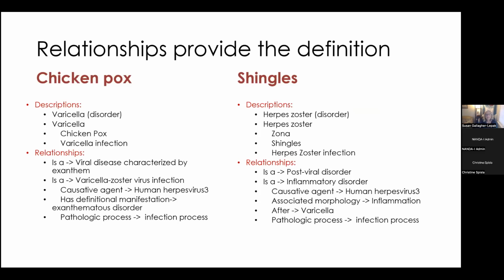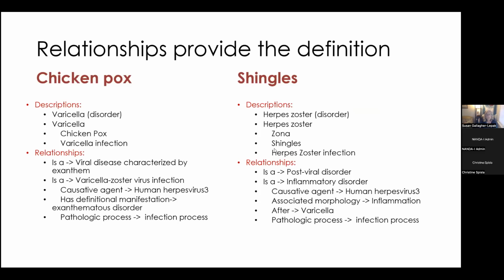Remember when I told you earlier, I have a really good example to help show you how the relationships help define a concept. So here we have two very similar disorders. We've got chickenpox and we've got shingles. And both of these disorders are caused by the herpes virus, and they are both an infection process.